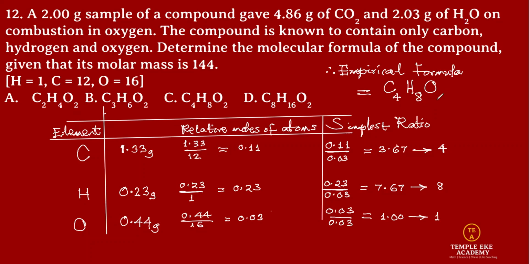And that is the empirical formula of the compound. Now, the final stage is the calculation of the molecular formula from the knowledge of the molar mass. The molar mass is given as 144. And now we know the molecular formula is an integer multiple of the empirical formula. Based on that, we can launch straight into the last stage of the calculation.